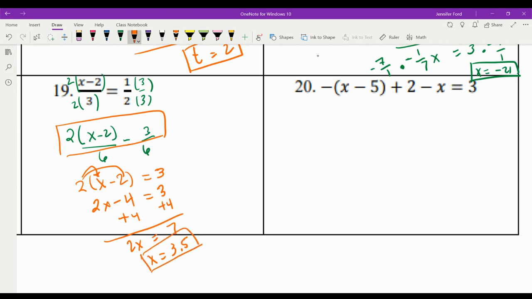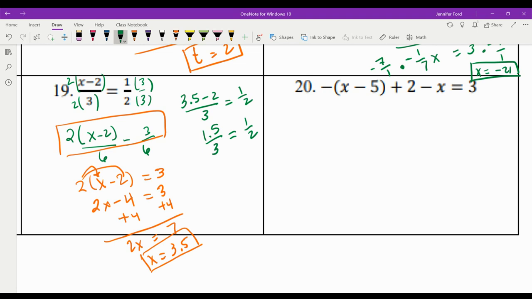Add 4 to both sides. 2x equals 7, so x equals 3.5. I'm going to go back and double check that just to make sure I think this is right. So 3.5 minus 2 divided by 3 should equal 1/2. 3.5 minus 2 is 1.5 divided by 3.